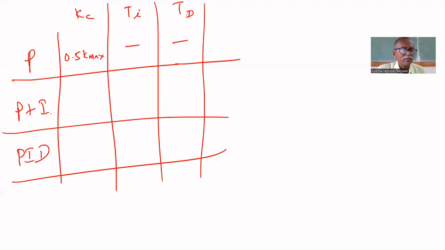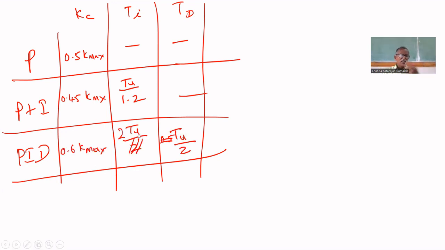For PI, no TD, KC is 0.45 times K max and TI equals TU divided by 1.2. For PID, KC is 0.6 times K max. So you get all 3 controller parameters and you can do the simulation.